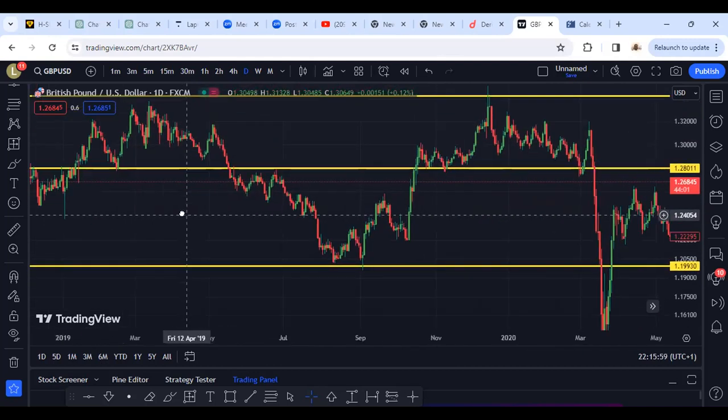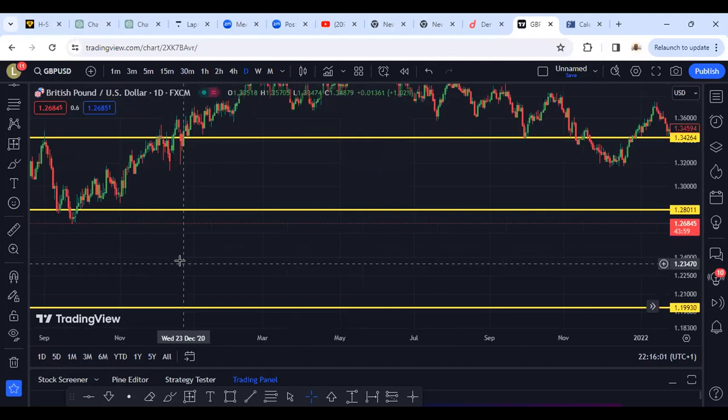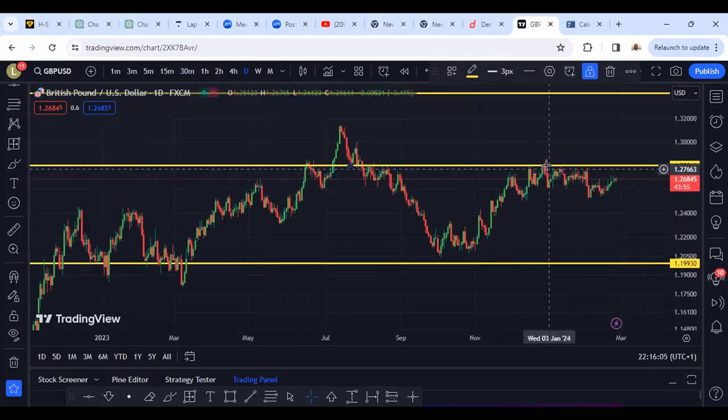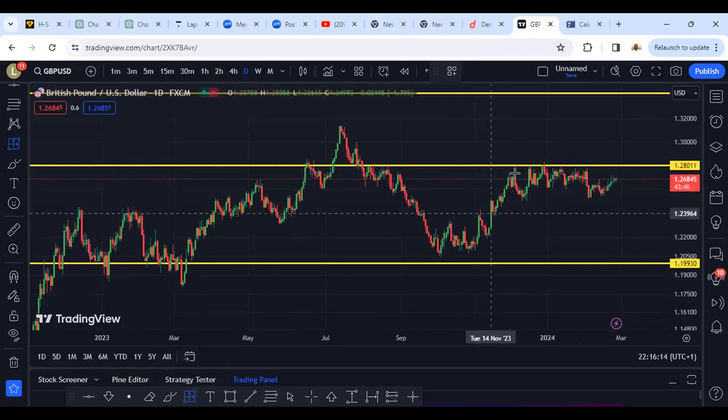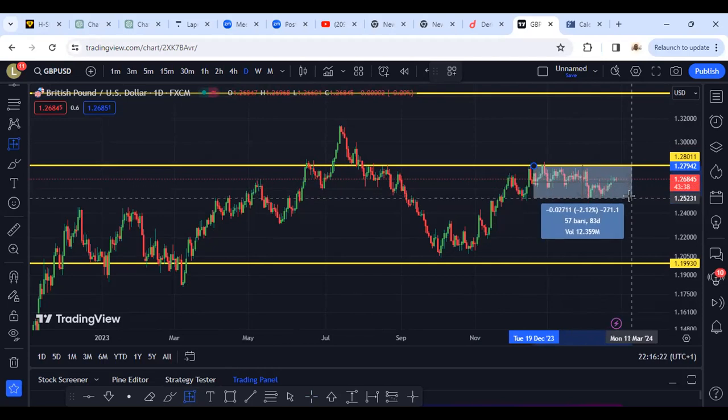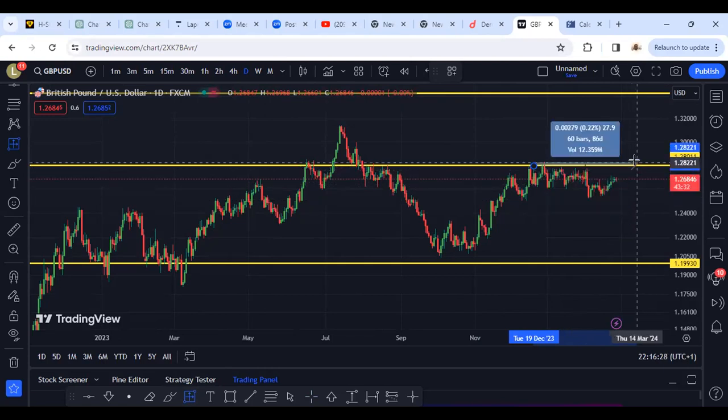What do you do when you see price is on a resistance zone? Beginners think about selling. If somebody sold this market the day price got to this zone, let's see how much the person would have made before the price started coming down. Somebody would have made about 275 pips before price gradually came back to that zone.